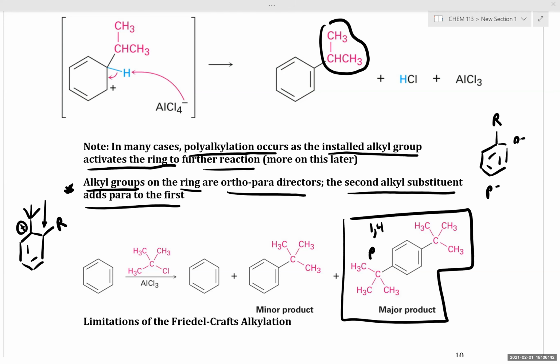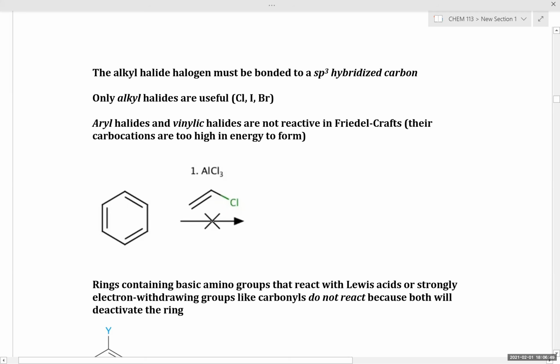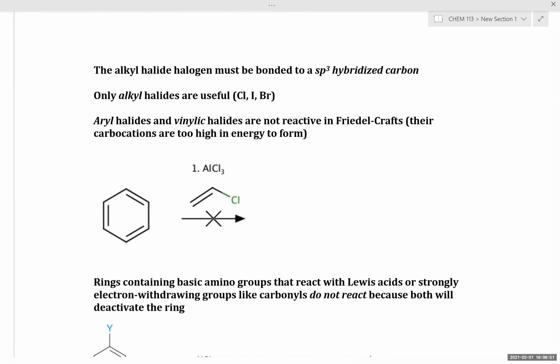To answer that question, we have to address the second limitation of the Friedel-Crafts reaction. These may seem like relatively straightforward limitations at first glance, but it's important to think about why these limitations exist. First, the alkyl halide halogen must be bonded to an sp3 hybridized carbon. So only alkyl halides are useful.